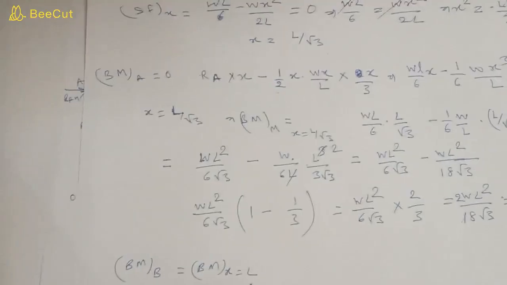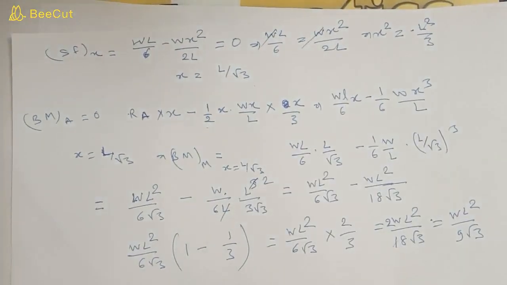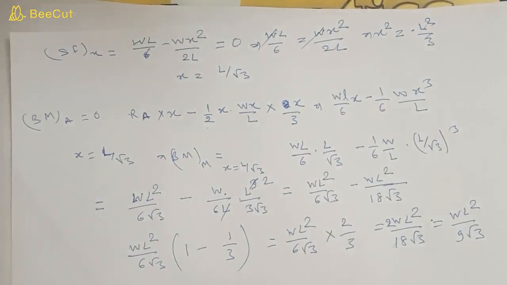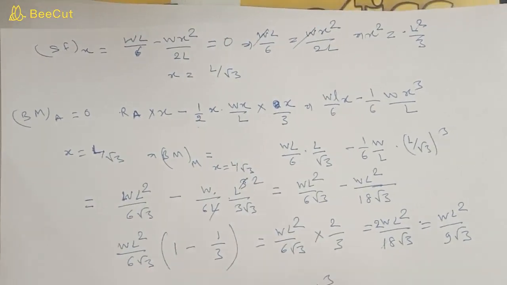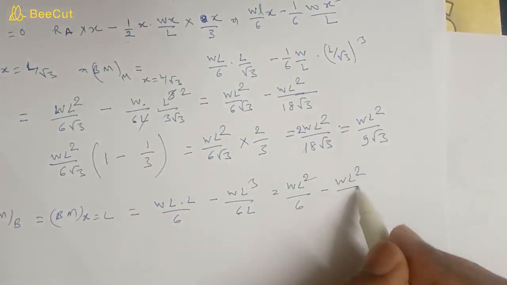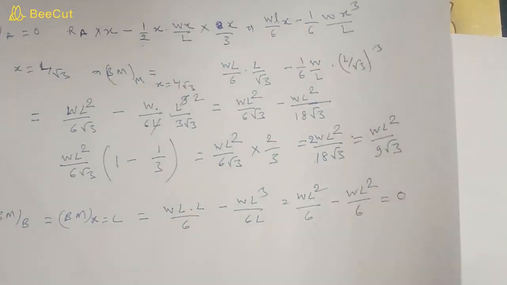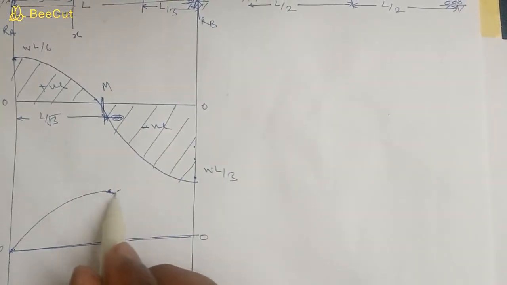So we will put x equal to L in this formula. So bending moment will become WL into L by 6 minus WL cube by 6L. So it will become WL square by 6 minus WL square by 6, so it will become 0. So we will plot here 0 and we will join this.